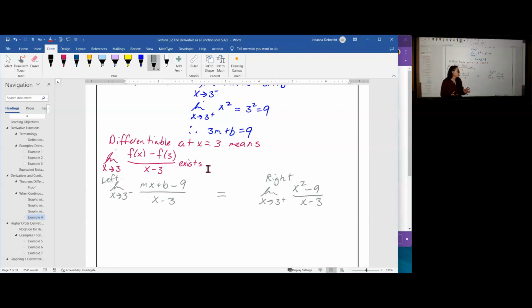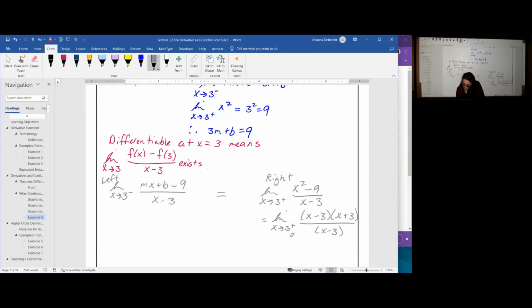I know that x squared minus 9 factors as x minus 3, x plus 3. So let's go ahead and factor that one now. This one becomes the limit as x approaches 3 from the right of x minus 3 times x plus 3 divided by x minus 3.